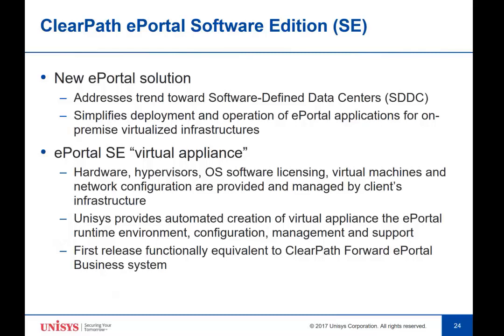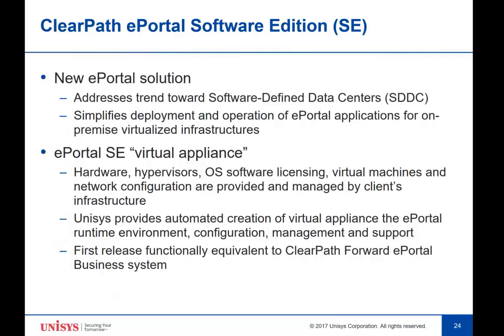With virtual appliances, it's a little bit different. While we provide a lot of value add, what we expect is that you provide with your infrastructure the hardware, the hypervisors, the OS software, and the licensing, and configure the virtual machines and network configuration. And what Unisys provides is an automated creation of virtual appliances for that virtualized infrastructure.